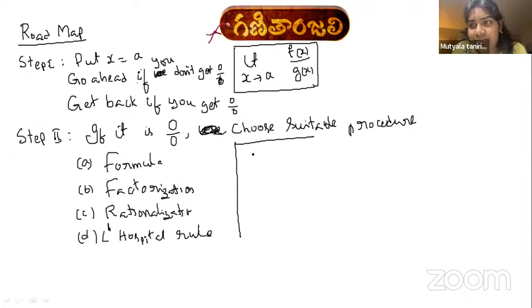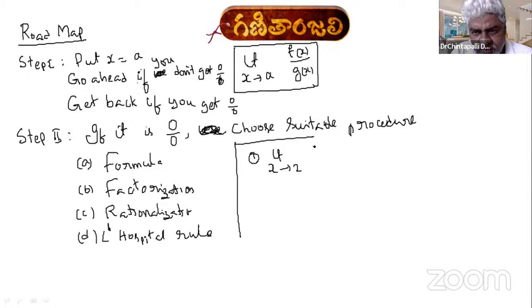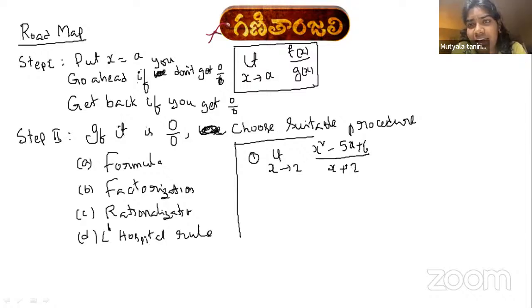For example, take the limit as x tends to 2 of x square minus 5x plus 6 whole by x plus 2. Take step 1: x equals a, that's x equals 2.